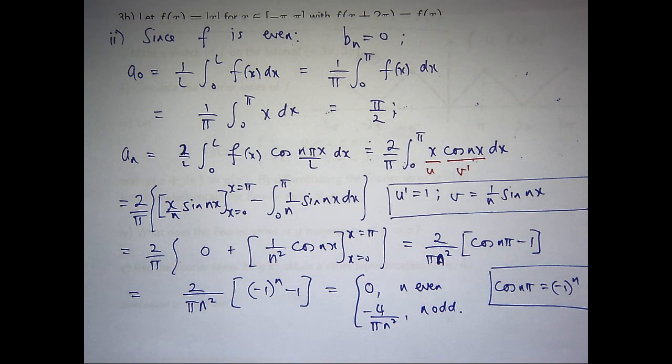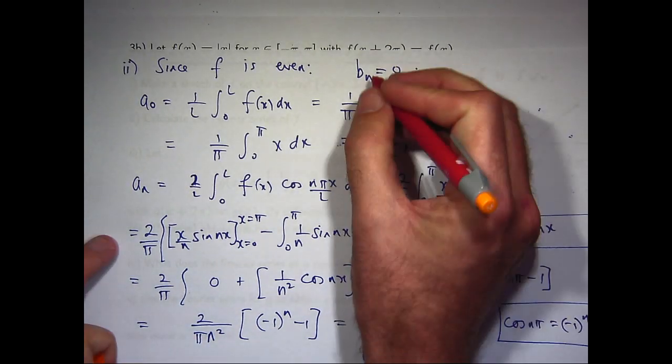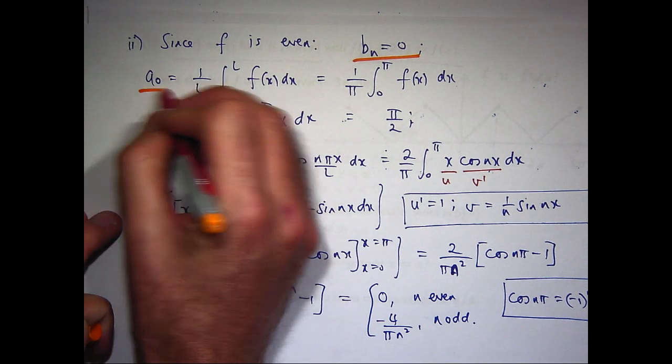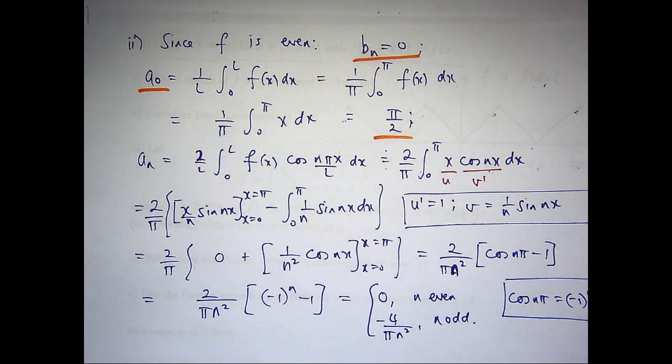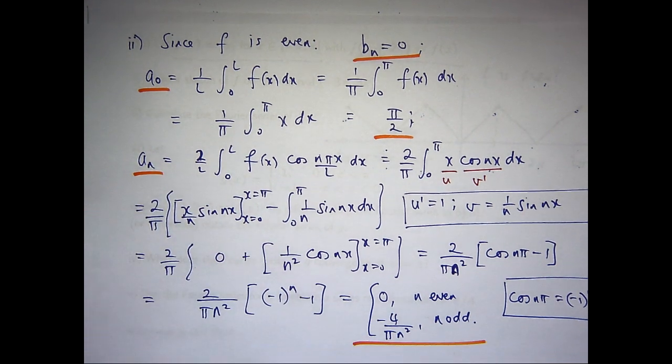Okay, so now we're at a good spot. Let's recap what we've calculated. Firstly, because our function f was even, we've got the b sub n's all 0, so no calculations necessary. We also calculated a sub naught to be pi on 2. And the a sub n's depend whether n's odd or even.